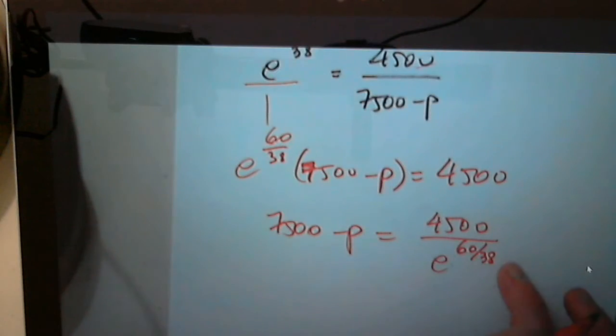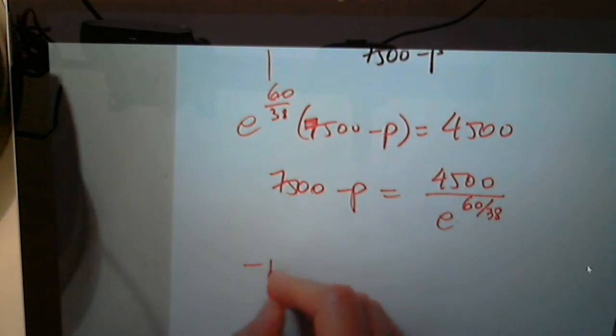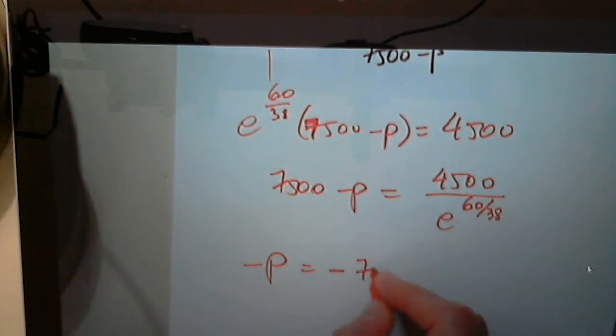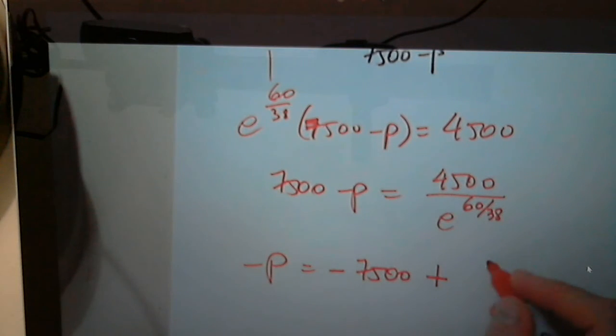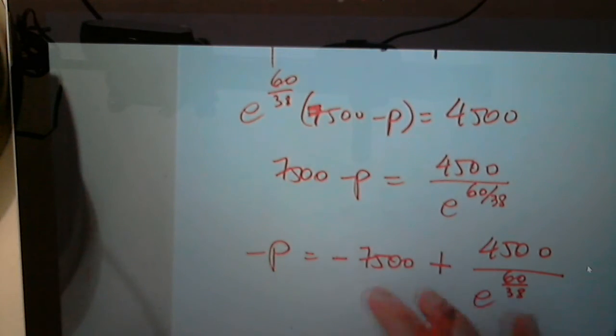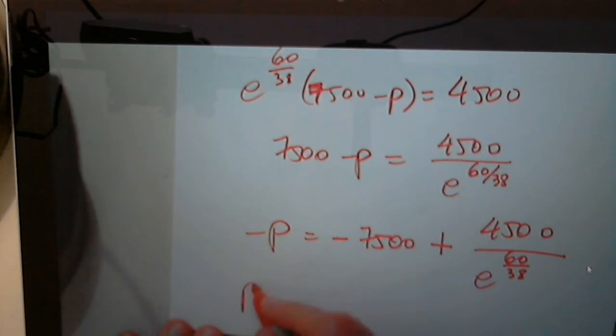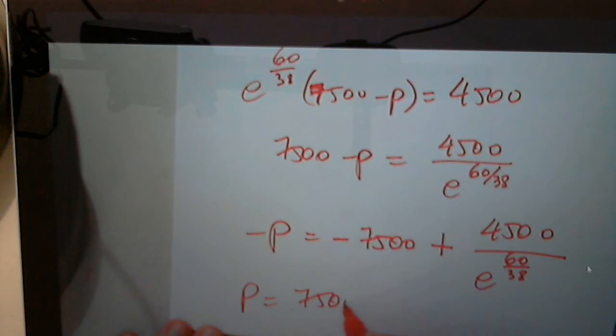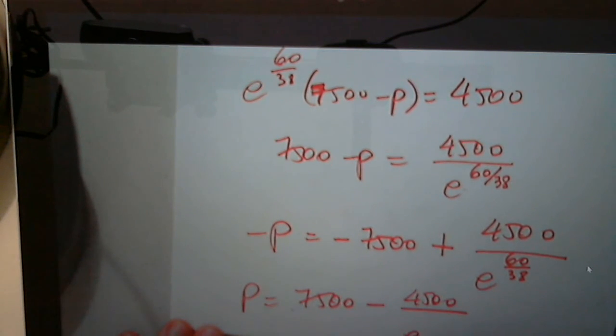And then subtract 7,500. And then multiply by -1 and plug it in. This is not easy to plug in the calculator. You have to be very careful.